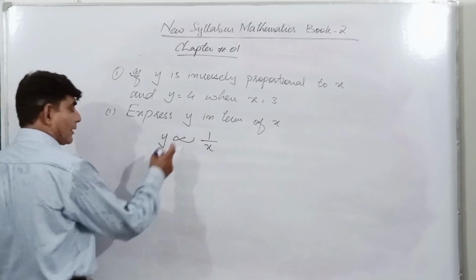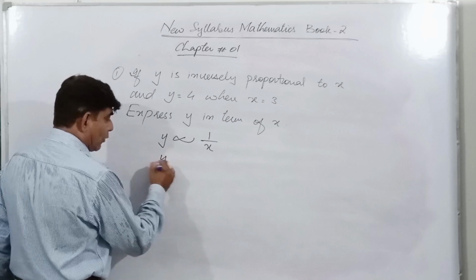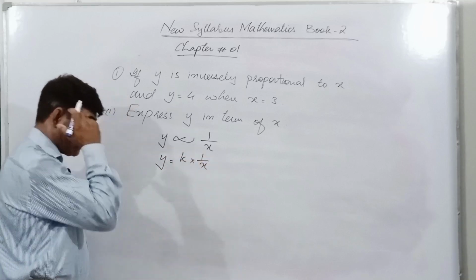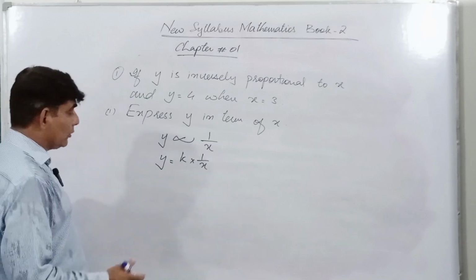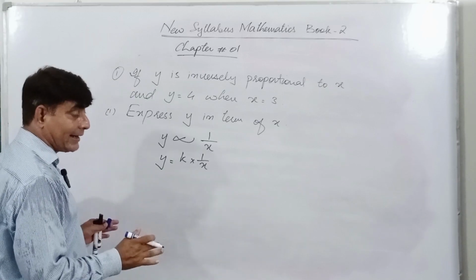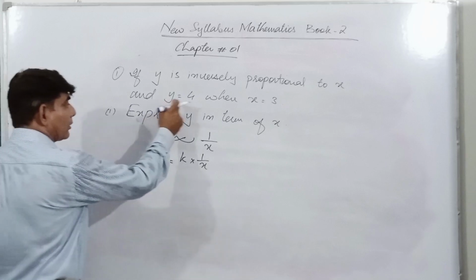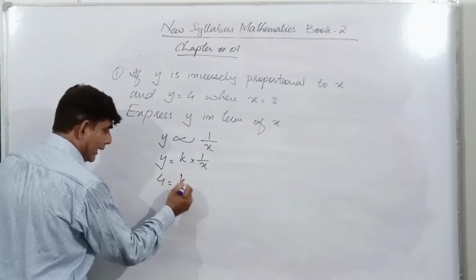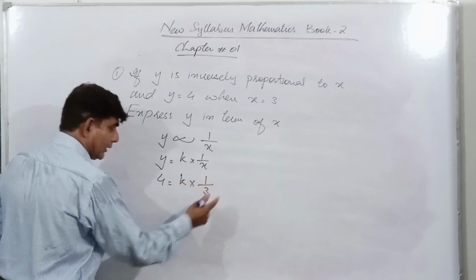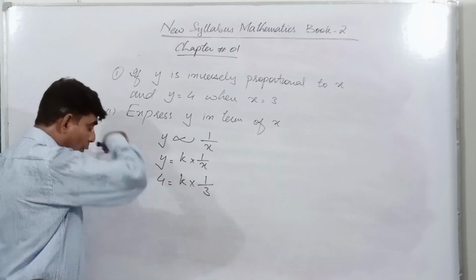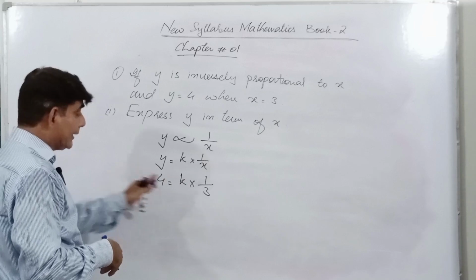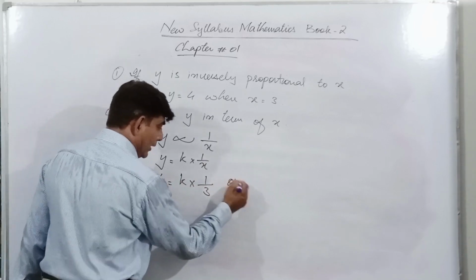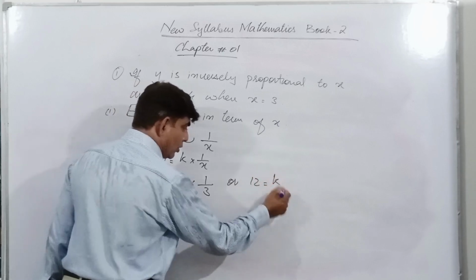Now it means y is equal to k times 1 upon x. Put the values given: y equal to 4, x equal to 3. This 3 is divided over here; when it comes to the other side, it would be multiplied. Now 3 fours are 12. So the value of k is 12.